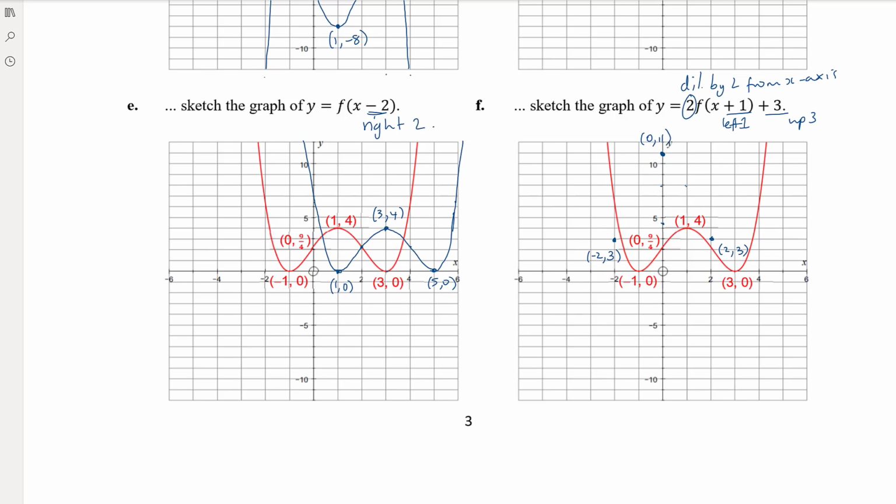Left by 1 and up by 3, so it goes up to 7.5. Okay, and again, you might take a few extra points, but you're essentially going to have a graph that turns here at (-2, 3), back up to that point. Now we worked out what that point was. That was (-1, 7.5), or 15/2.